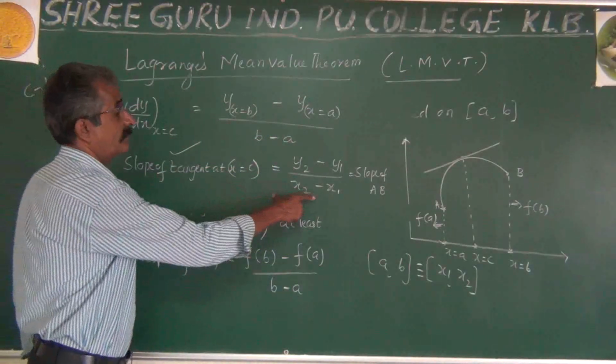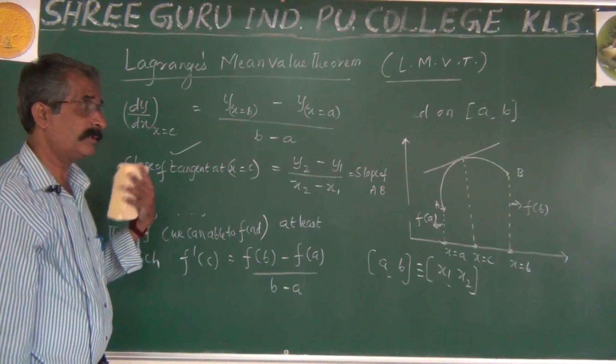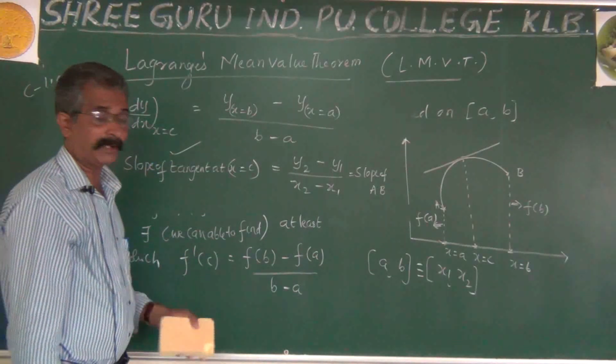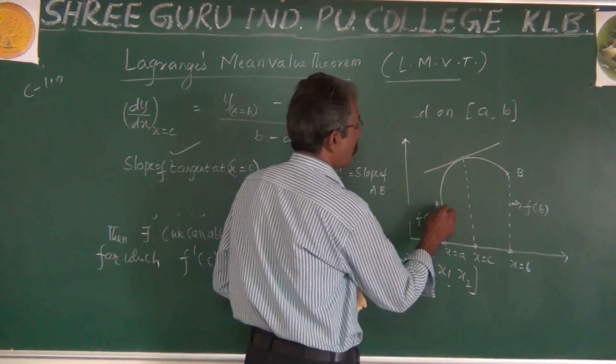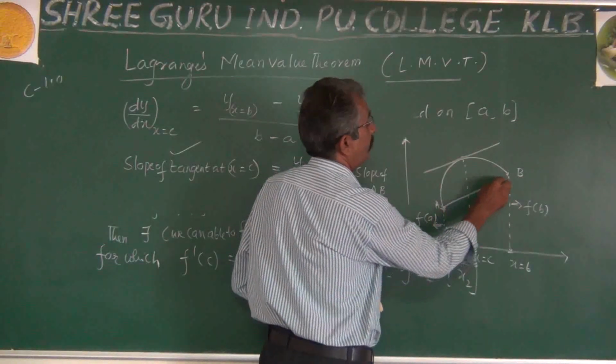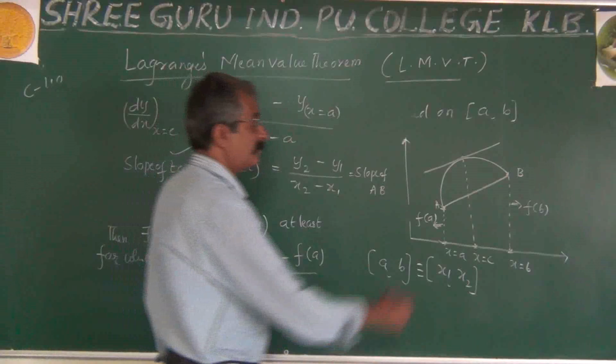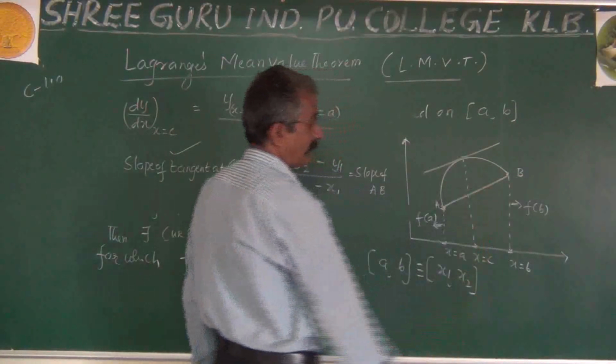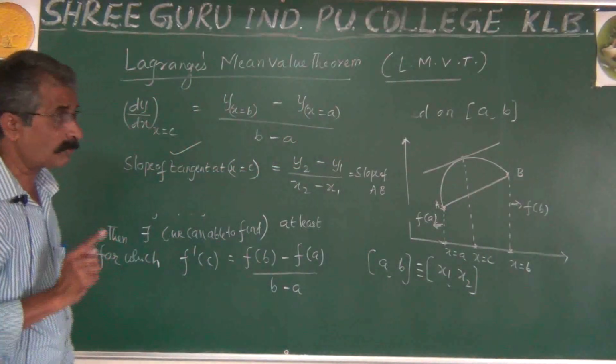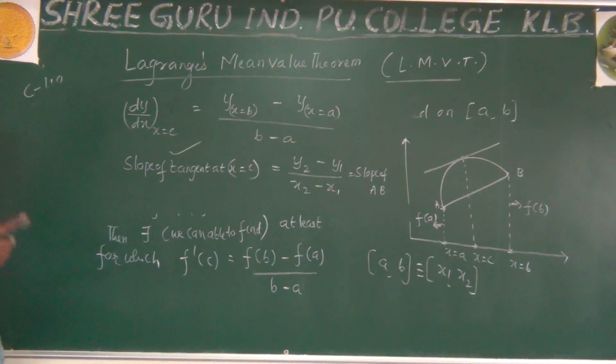Whenever slopes are equal, we know that in geometry lines must be parallel. That means this line AB, as good as chord AB, and the tangent at point x equal to C are parallel. That's the outcoming geometrical meaning of Lagrange's mean value theorem.